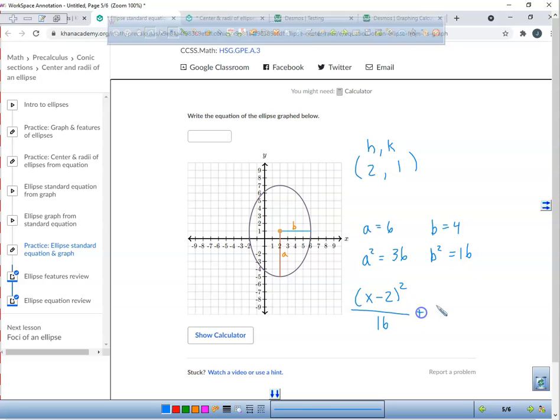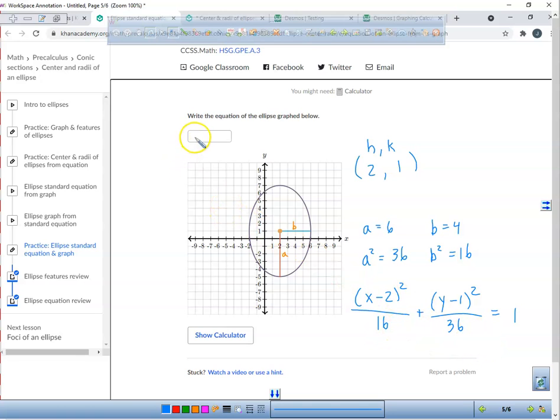Plus y minus 1 squared over 36 equals 1. Now, how do I know it's going to be this one? Because this is longer. Always put your a squared over whichever. If it looks more vertical, you're going to be putting it with the y's. If it looks more horizontal, you're going to be putting it with the x's.